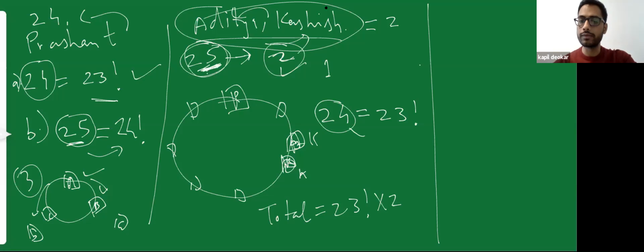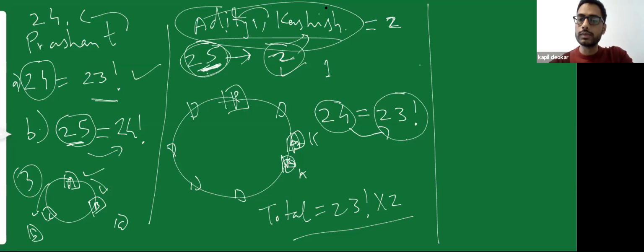Arranging 24 units in a circular fashion gives 24 minus 1, that is 23 factorial. Also, that one unit which consisted of Aditya and Kashish can be arranged in 2 different ways internally: first Aditya, then Kashish, or first Kashish, then Aditya. So total is going to be 23 factorial into 2.